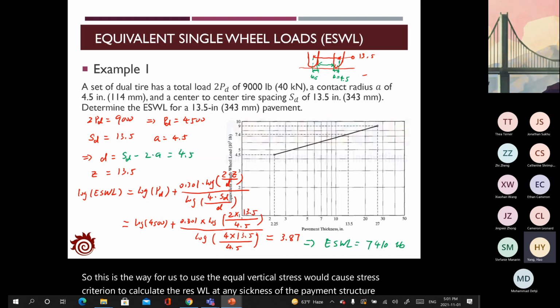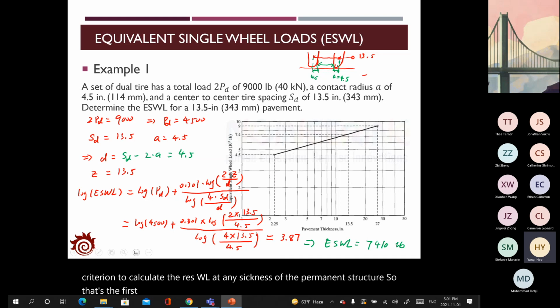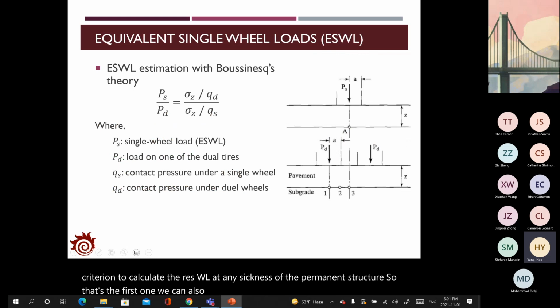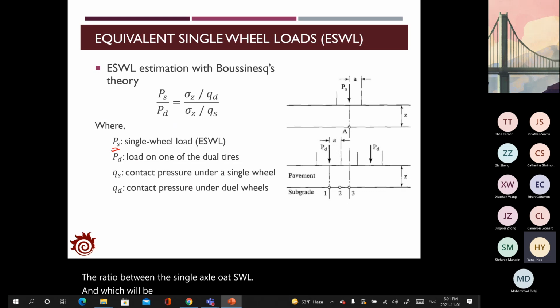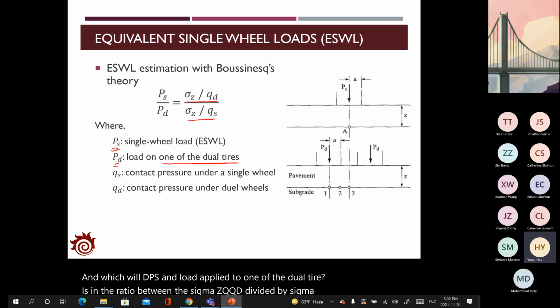That's the first one. We can also calculate the ESWL with another method, which is called the Boussinesq theory, where the ratio between the single axle load ESWL, which will be PS, and the load applied to one of the dual tire is the ratio between the sigma z and QD divided by sigma z and QS.